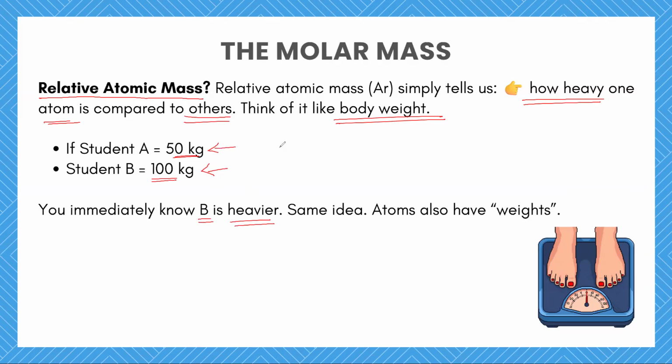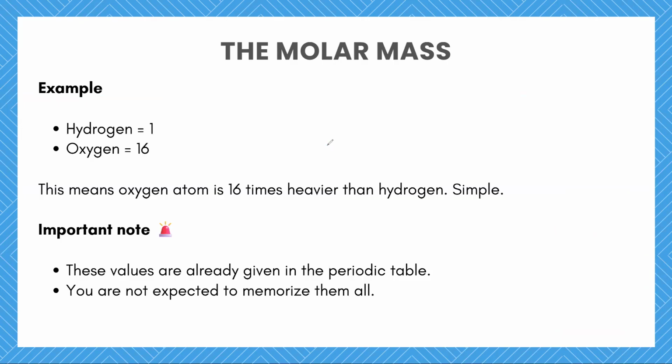That's the same idea about the relative atomic mass. It is a measure that tells us how heavy an atom is when you compare it to another atom. So here is an example to buttress what I'm trying to say. In chemistry, the element hydrogen has a relative atomic mass of 1, and oxygen has a relative atomic mass of 16. What does this mean?